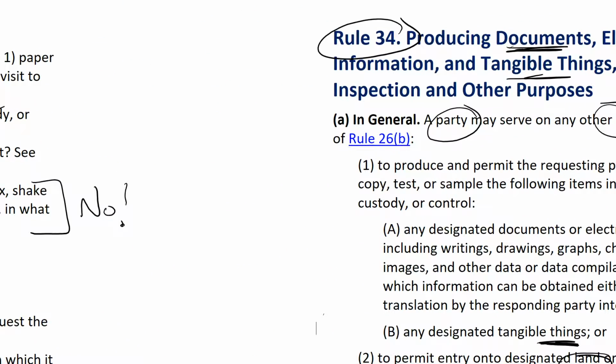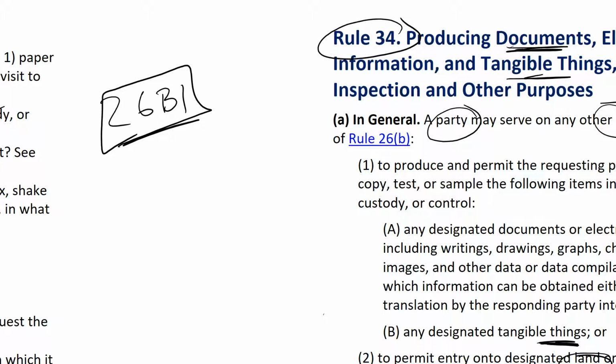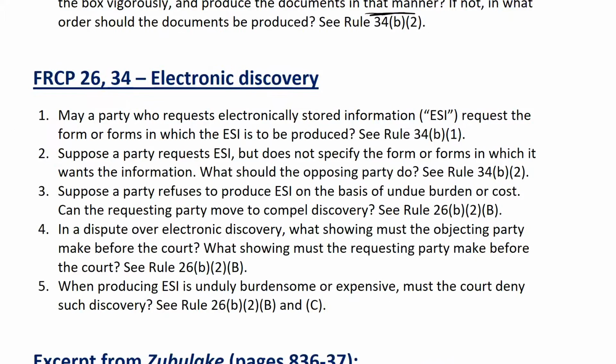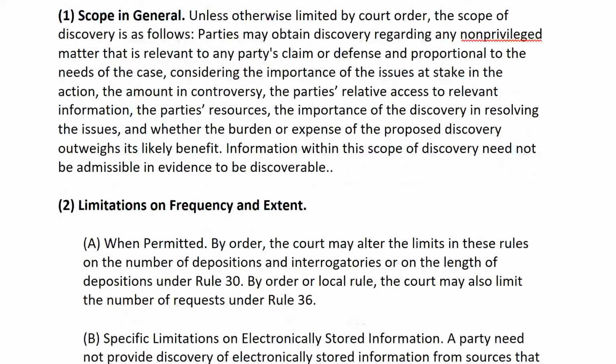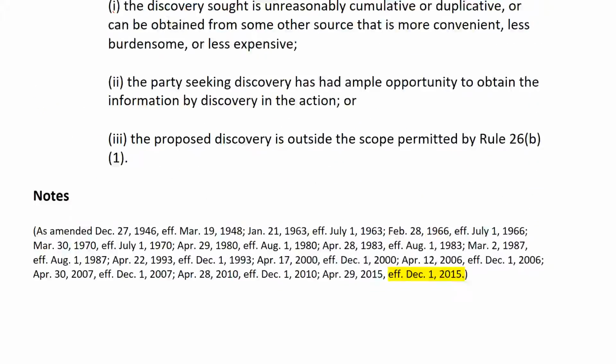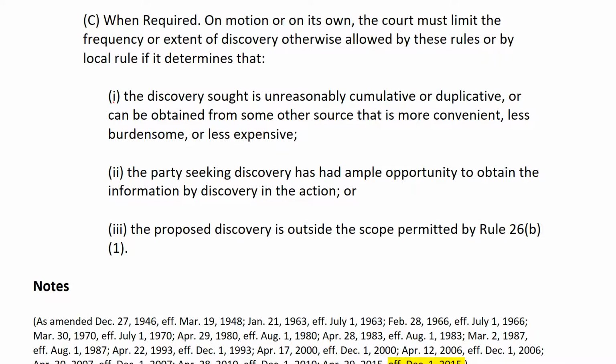Now, if you ask for so much that it becomes burdensome, then the other party very well may object based on duplicative requests or burdensome or not proportionate to the needs of litigation. And you'll recall that Rule 26b1 has the proportionality requirement, which may be used to limit discovery. And in a few moments, we'll note Rule 26, I believe it's B2C right down there.